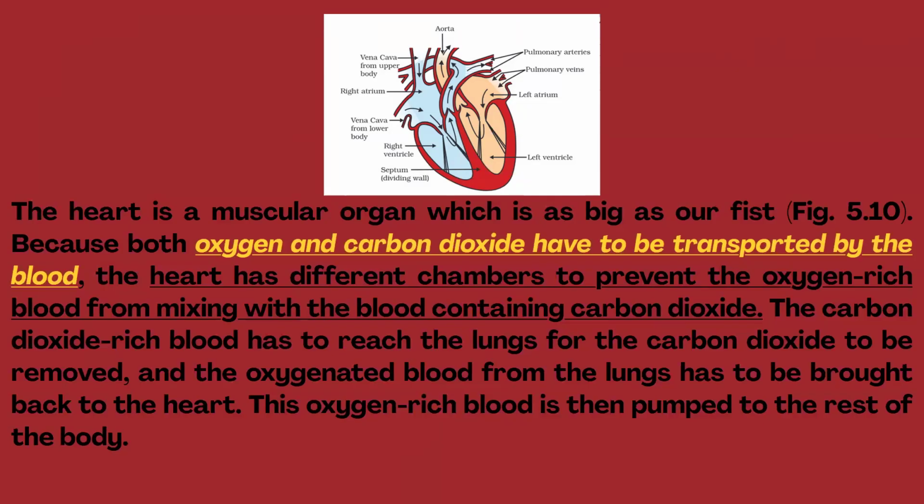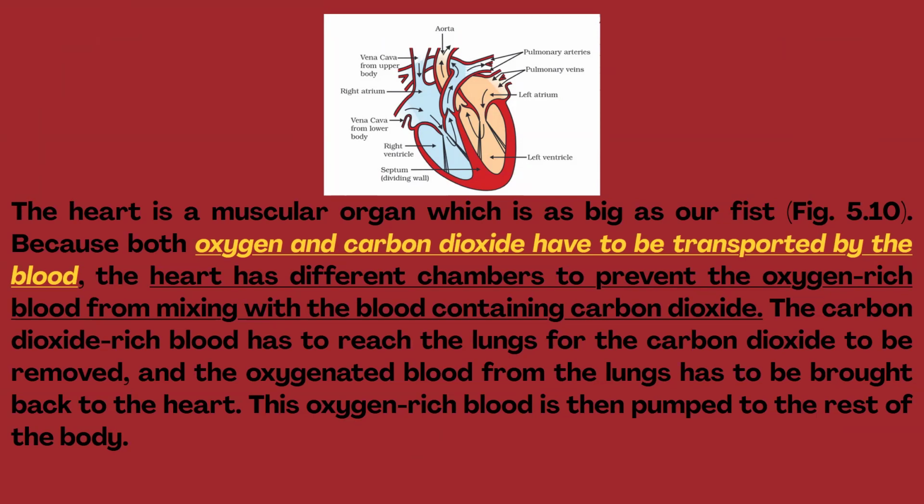We can see this picture in our textbook, figure 5.10, because both oxygen and carbon dioxide have to be transported by the blood itself. The heart helps to transport both oxygen and carbon dioxide.